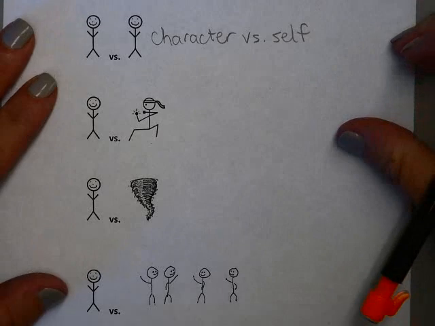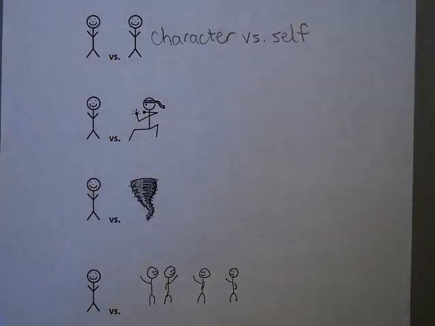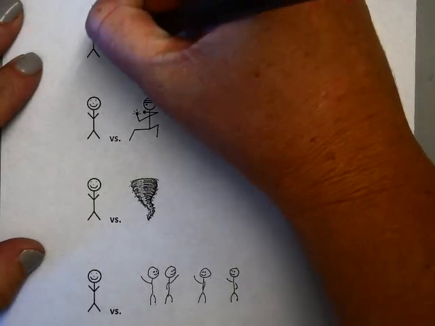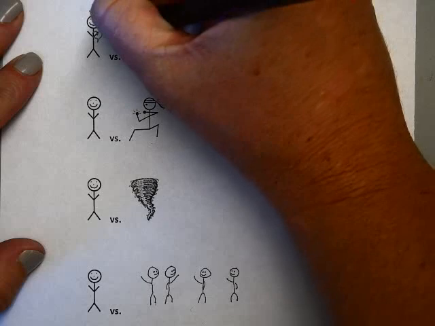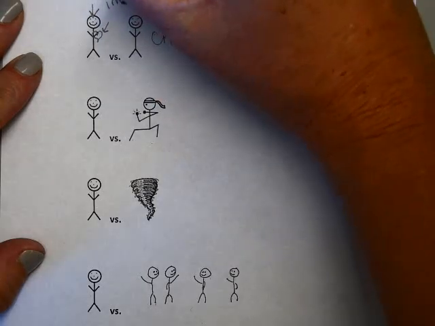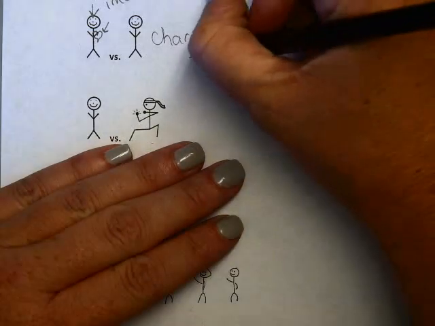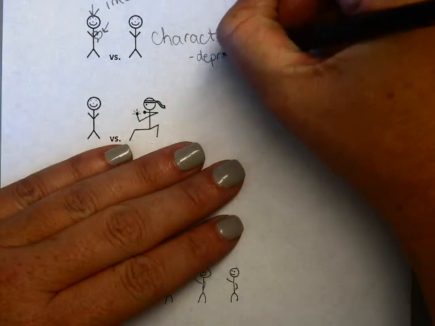This is the type of conflict when we have a character who is struggling with something internally. So this is all about something that's going on inside their head or inside their heart somehow. So it's all about an internal struggle. And so character versus self could simply be something like depression that they have.